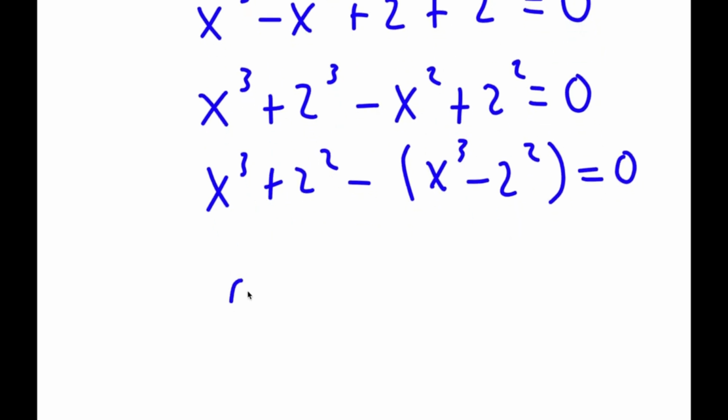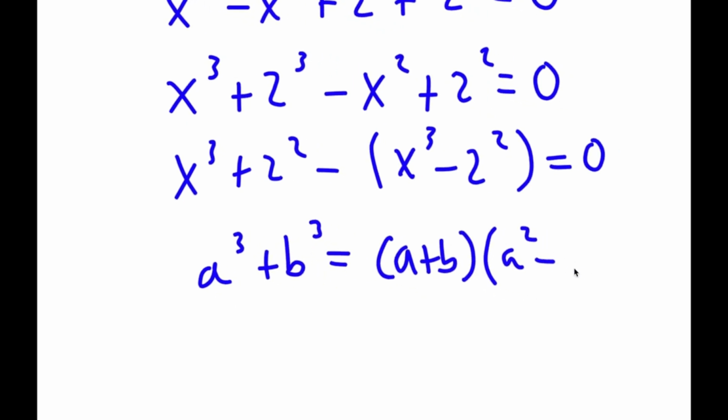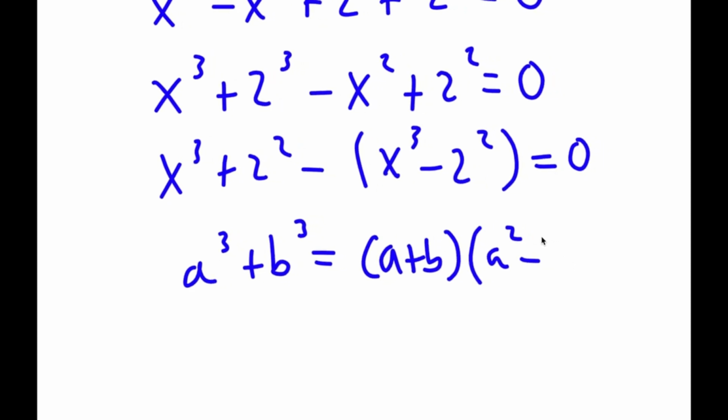Now if I have something in the form a to the power of 3 plus b to the power of 3, this is equal to a plus b times a squared minus ab plus b squared.